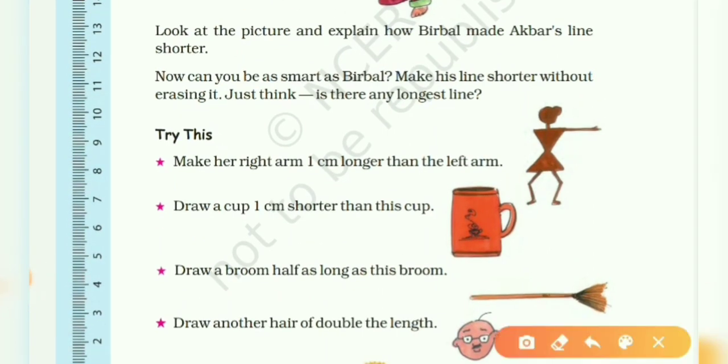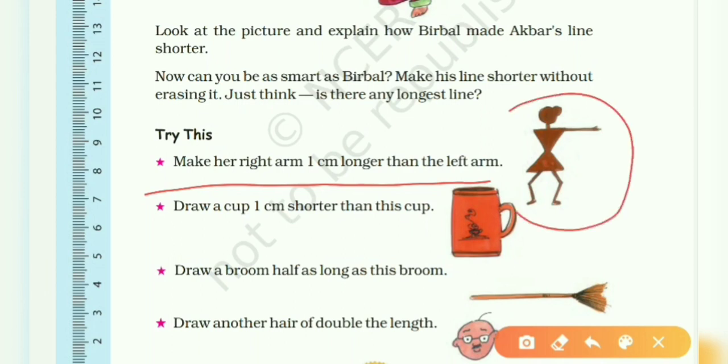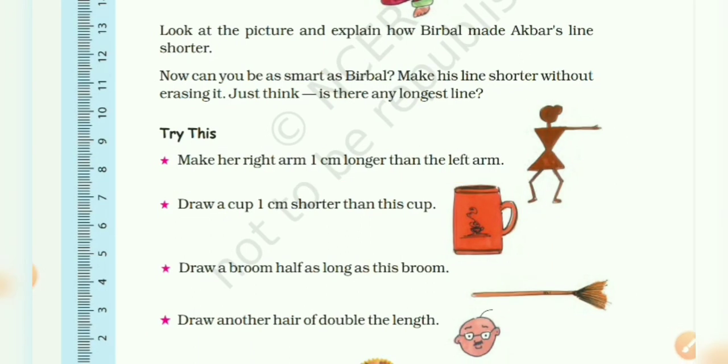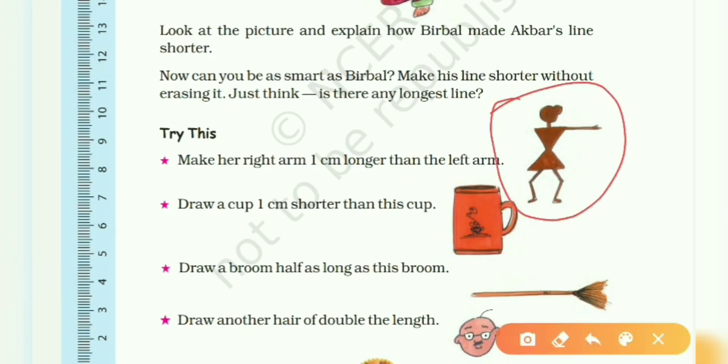Let's read the first one. Make her right arm 1 centimeter longer than the left arm. Here they give us one picture. You can see we have to draw an arm which is 1 centimeter longer than this arm.